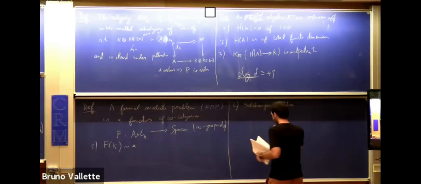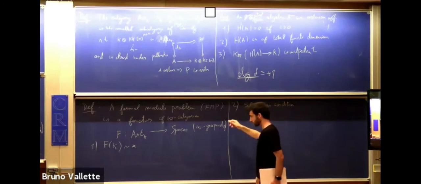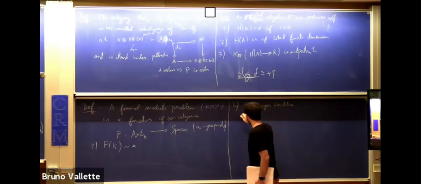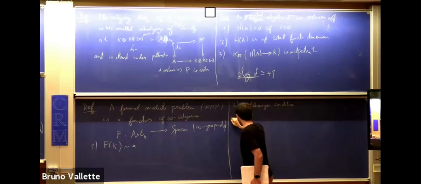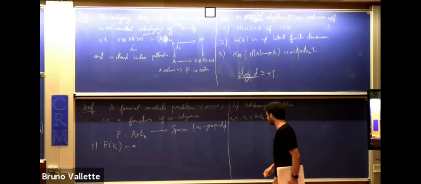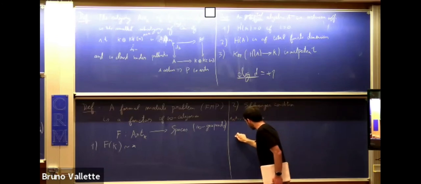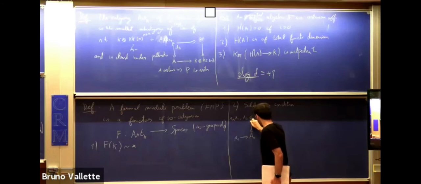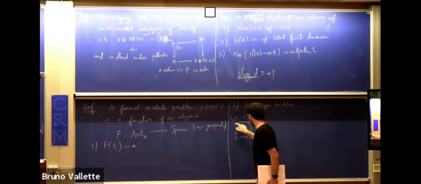So what it tells you is if you take Artin algebras A0, A1, A2 in DG Artin, with maps A1 to A0 and A2 to A0, and we take their homotopy pullback.